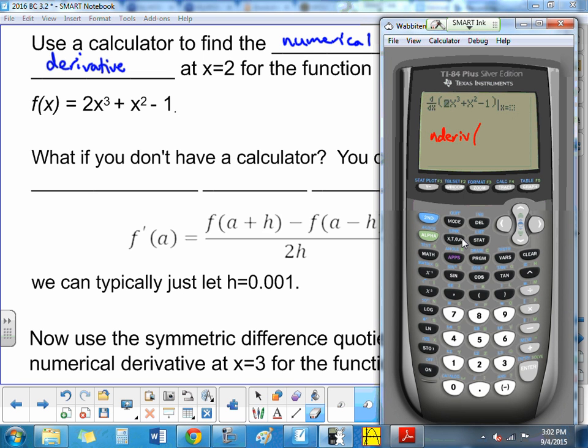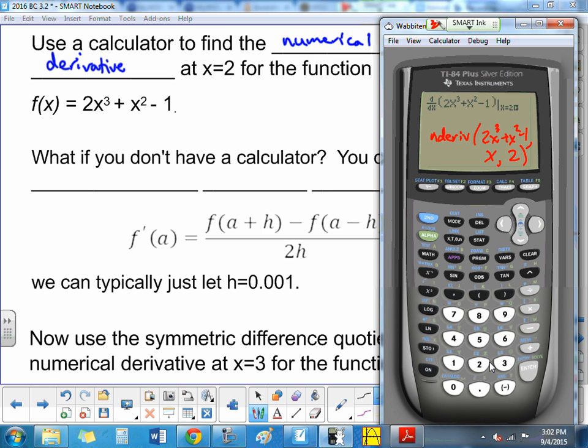Okay? All right. And then scrolling over, one last little thing, we have to tell it where we want to find the derivative. We're going to find the derivative at 2. So this is going to find the slope of the curve 2x cubed plus x squared minus 1 at the point where x is 2. Now if you have the older operating system, you have to type 2x cubed plus x squared minus 1, comma x, comma 2.